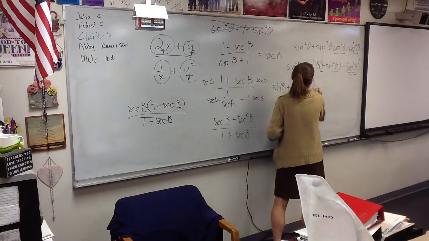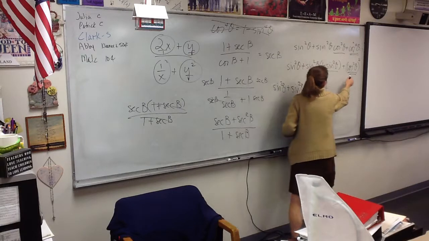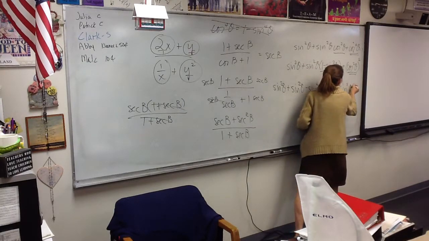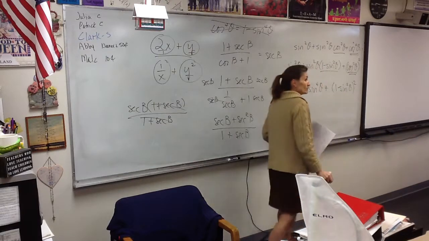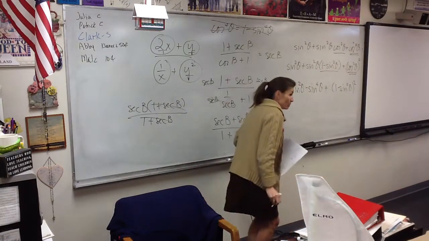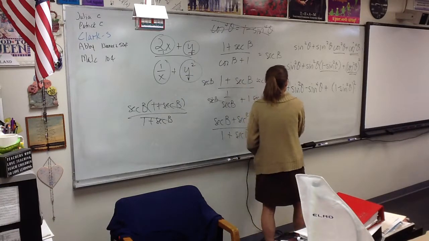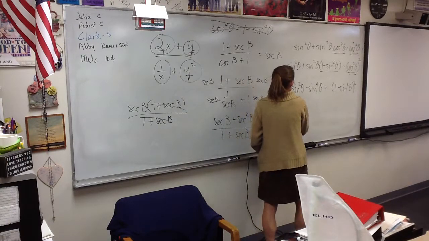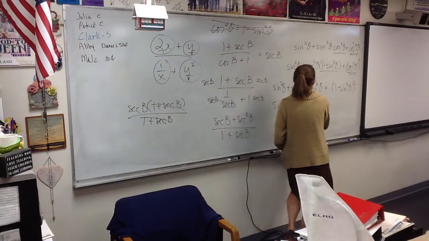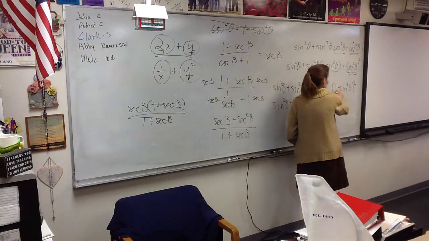So if you think about it as cosine squared squared, then I'm going to go ahead and distribute this right here that I had. All right, now I'm working on this. That will be 1 minus sine squared, which is then a FOIL problem. So I've got my sine squared plus my sine squared minus sine to the 4. Now I'm going to FOIL this.